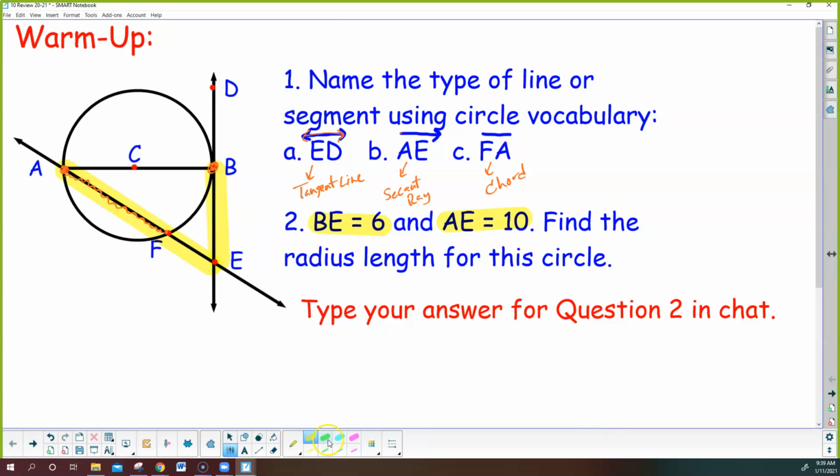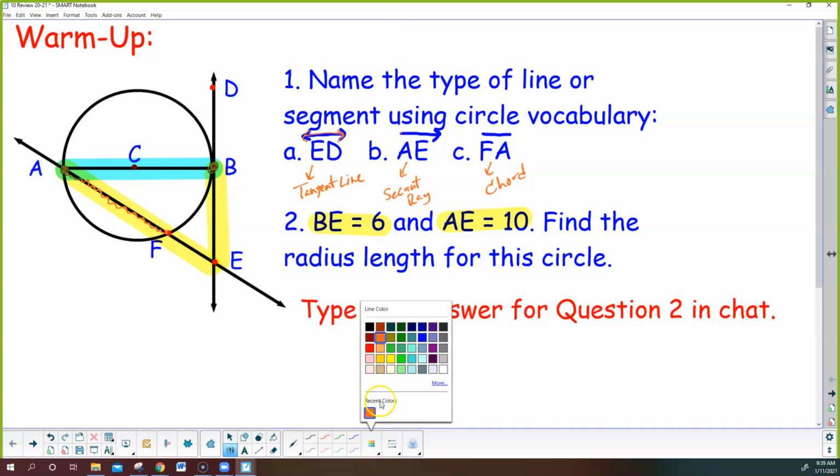All right, so let's look at this part right here. Number two, if BE is 6 and AE is 10, now here's the tricky spot, and this is why this is a little confusing. We know that a radius from C to B, and we know this is tangent, that has to be 90 degrees.